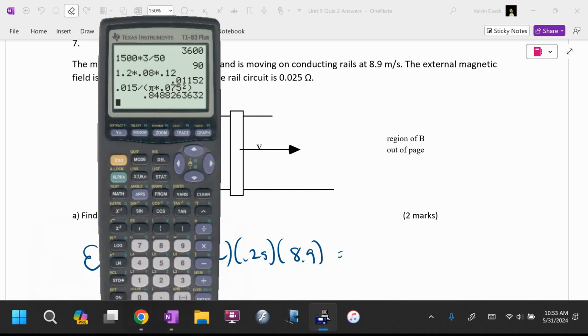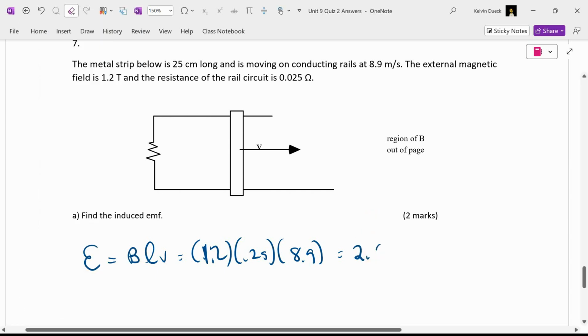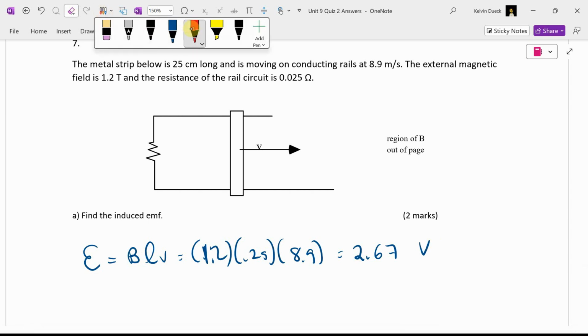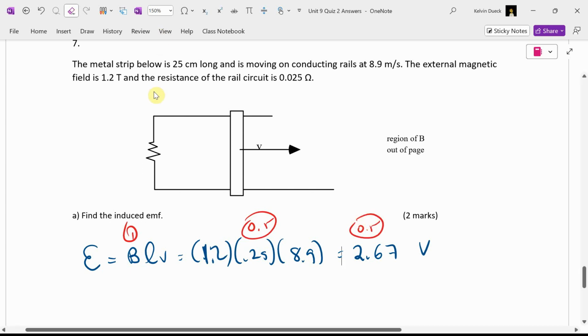So the voltage induced between the top and bottom of this bar is 2.67. Is that correct, or did I make a typo? Yeah. People nodding? 2.67 volts. I would go 1 mark, half mark, half mark.